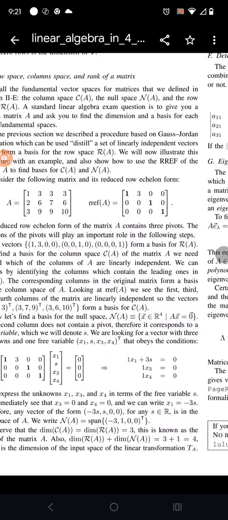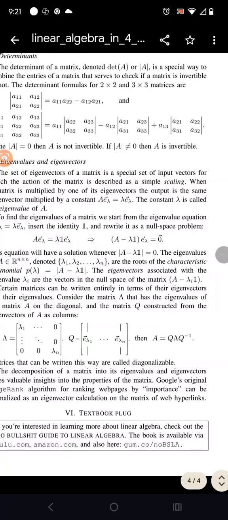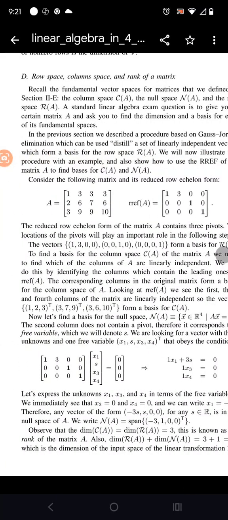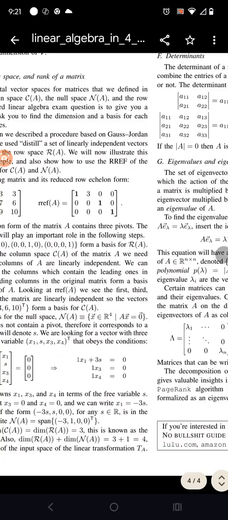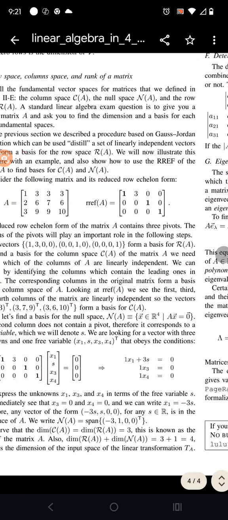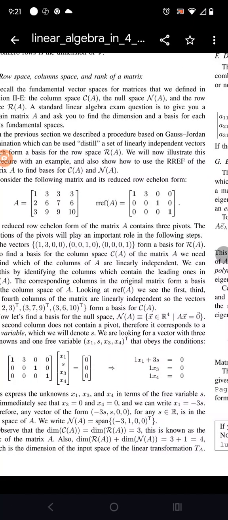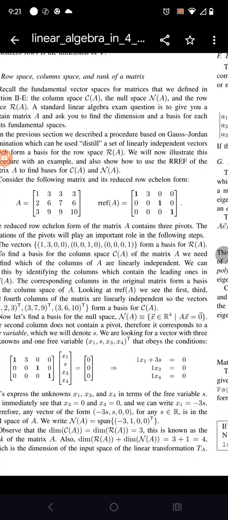Now let's find a basis for the null space. So the null space, remember that the null space is the vectors in R power 4 such that A times x dash equals 0.